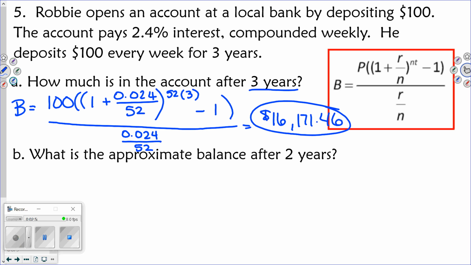All right, part B. What is the approximate balance after 2 years? So again, now, guys, do you know how to just change things?